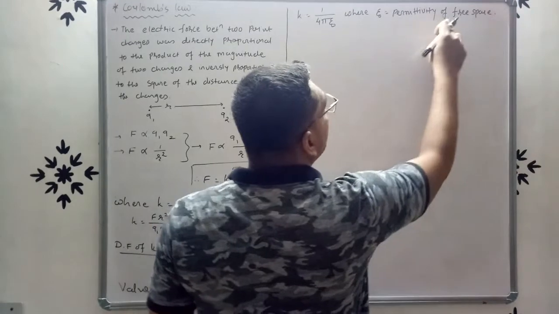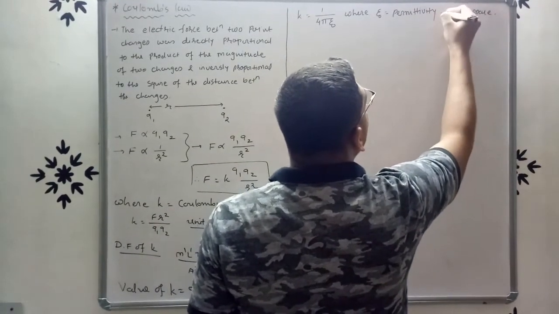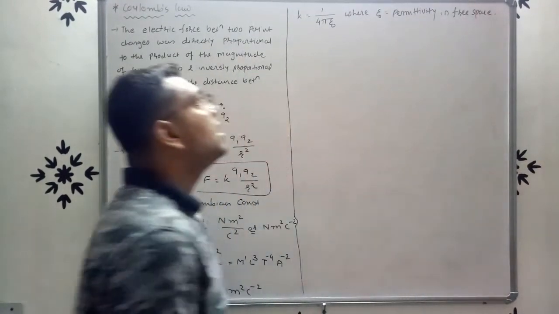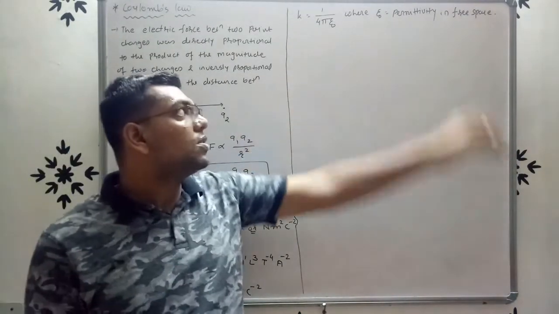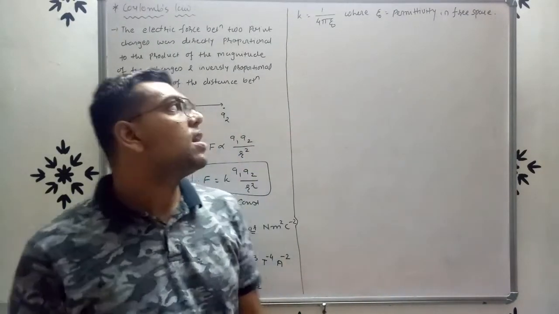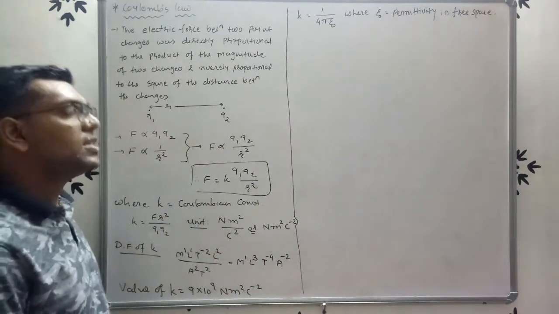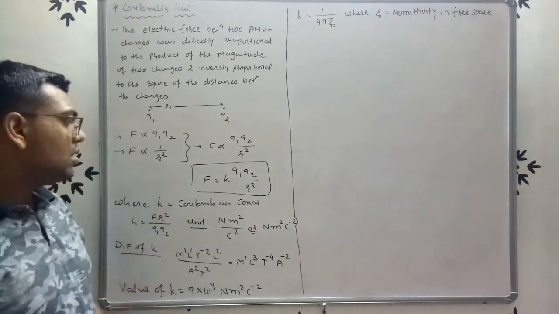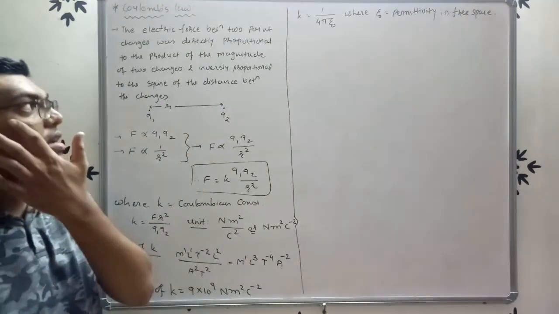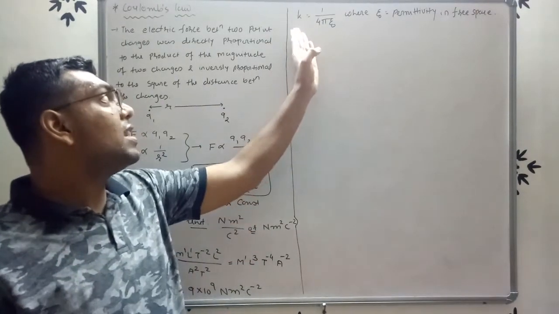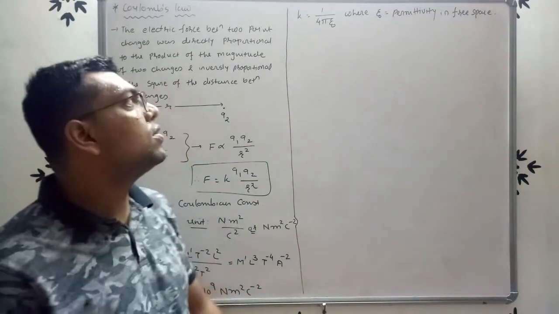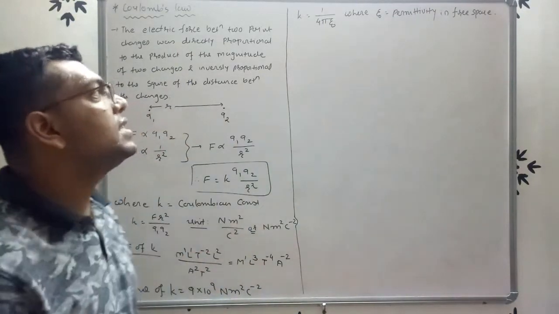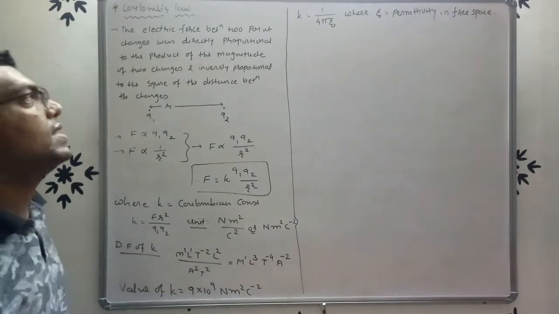So what is epsilon 0? Epsilon 0 is the permittivity in free space. So the Coulombian constant is also denoted by K is equal to 1 by 4 pi epsilon 0, and epsilon 0 is the permittivity in free space.